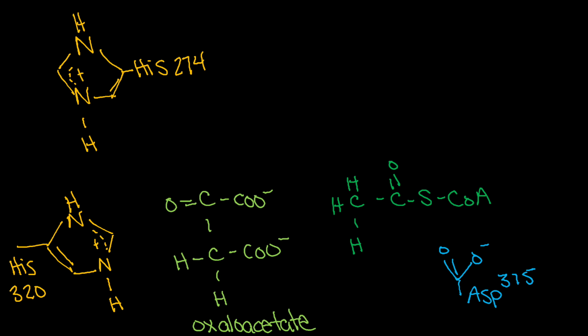So we can note that the three residues are histidine 274, his 320, and ASP 375. This ASP 375 has an oxygen with a negative charge. That means that it has three lone pairs. It has an extra lone pair. So that lone pair is going to attack the hydrogen on acetyl-CoA.